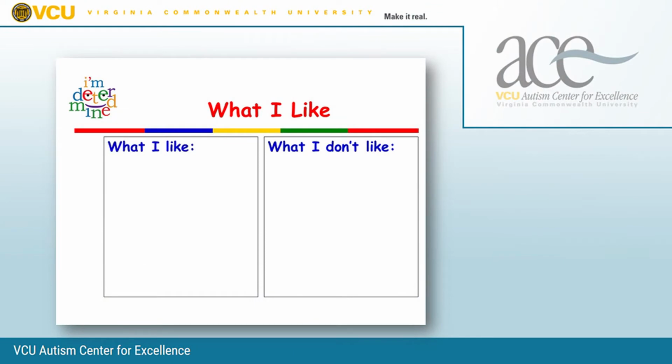And this is helpful just because it's their voice of what they don't like. We all have subjects that we favor, and we talk about that together. Like, I love math, and I love science. And I'm more of a reading and social studies type person. And so they can see that, but it doesn't mean that they don't have to work just as hard.